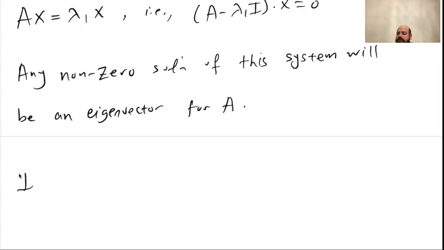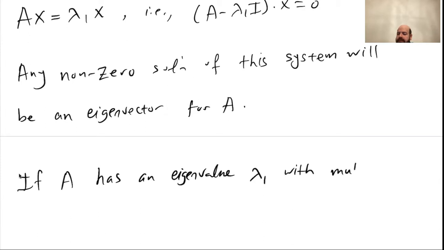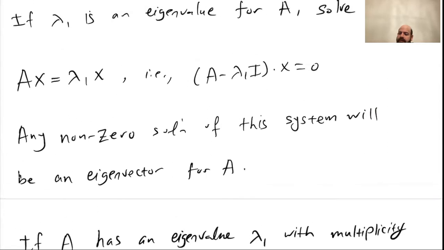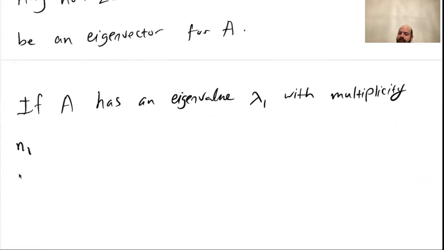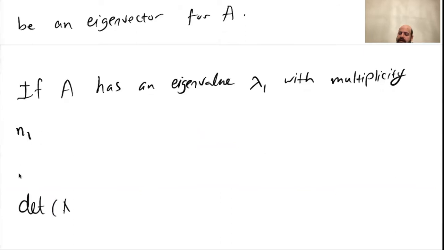Now, how many linearly independent eigenvectors will A have? So if A has an eigenvalue, let's say lambda 1 with multiplicity n1. Multiplicity means the power that appears in the characteristic polynomial for A, when you expand determinant of A minus lambda I equals 0.